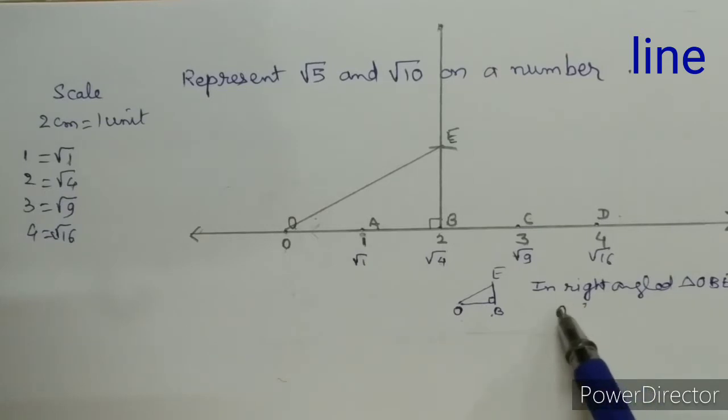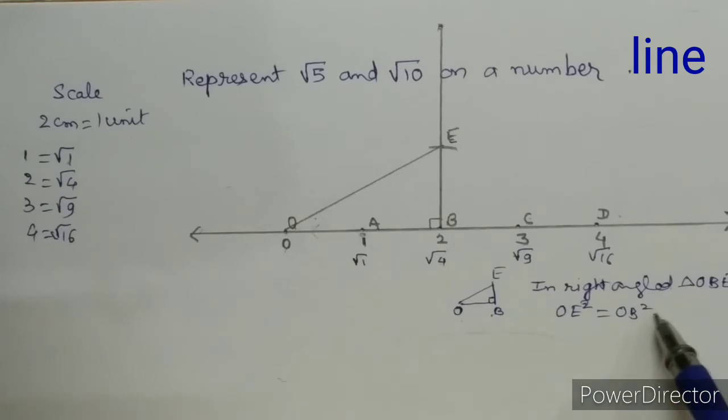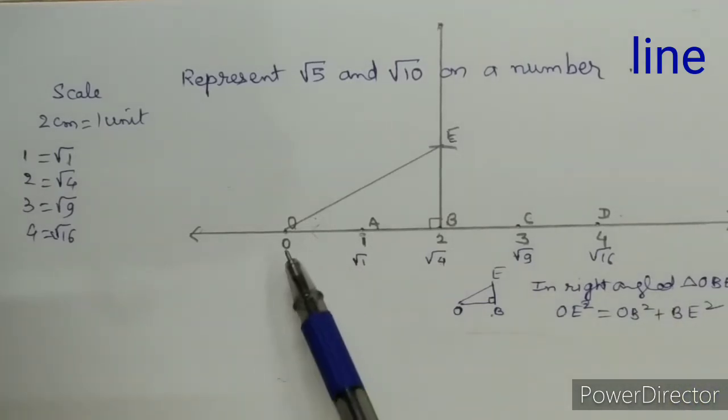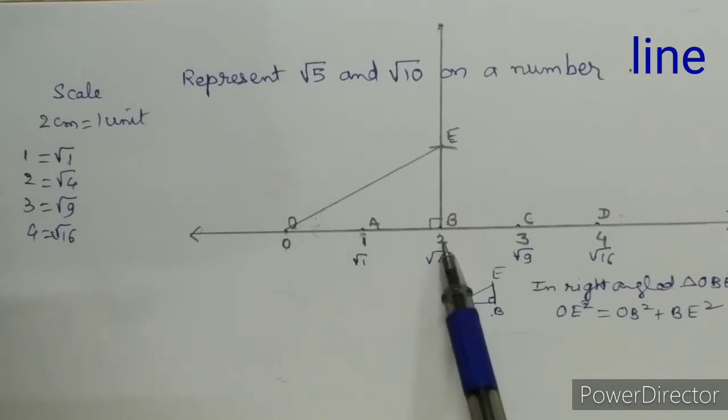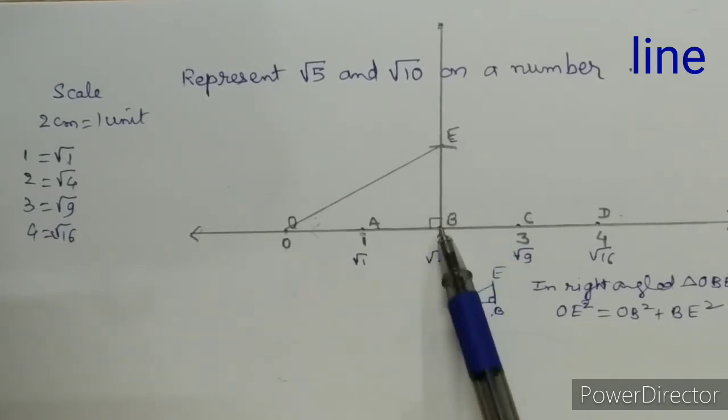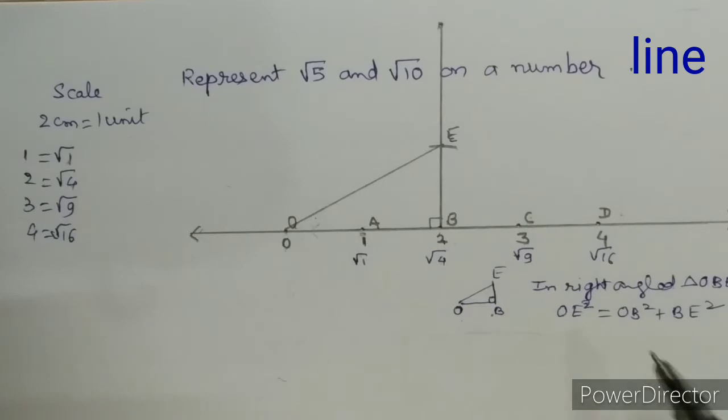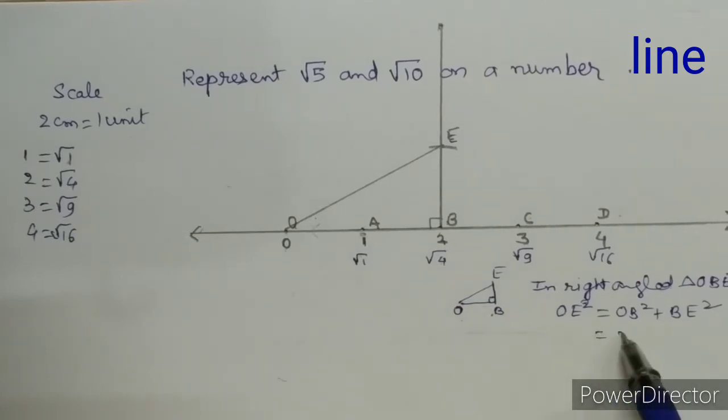by Pythagoras theorem, OE square is equal to OB square plus BE square. Now we know that this OB is what? It is 2, and this BE is 1 unit, and therefore we will write here 2 square plus 1 square, that is 4 plus 1, that is equal to 5, and thus we get OE square is equal to 5.